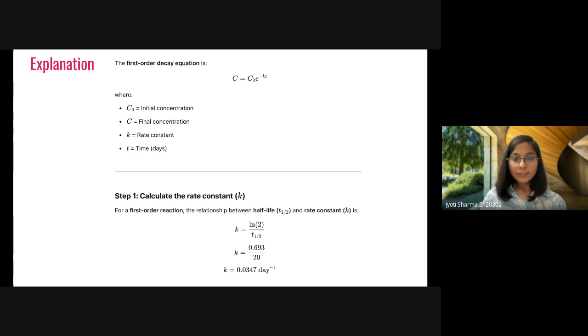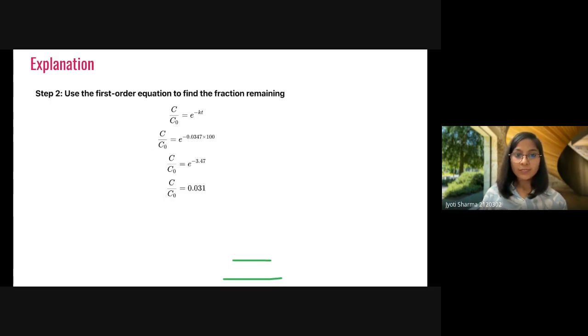So again, first we will calculate the value of k. This k is equal to nothing but the natural log of 2 upon half-life. Half-life is 20, that is given. Then this is how we can calculate the rate constant. So the rate constant is 0.0347 per day, right? And then most of our job is done. What we will do, C upon C node is equal to e raised to the power minus kt.